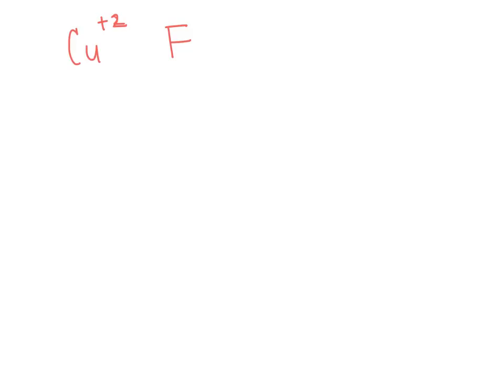Okay, what is the charge on fluorine? It's -1. Okay, so put these 2 together. So you can use crisscross, or you can just do the math in your head to figure out what the charges would have to be to equal 0. Okay? So go ahead and do this one by yourself. You should pause the video and see if you can do it all on your own. And then if you do it correctly, you should get CuF2.